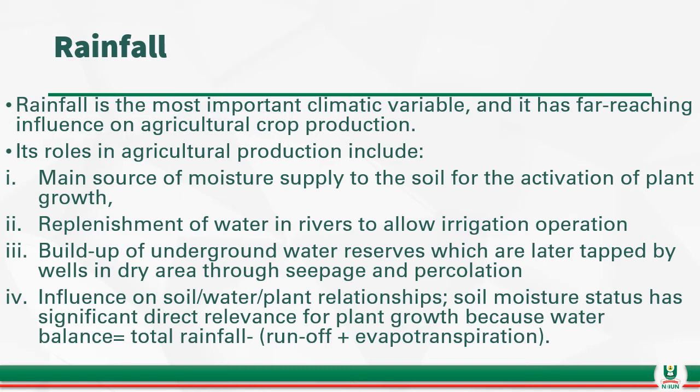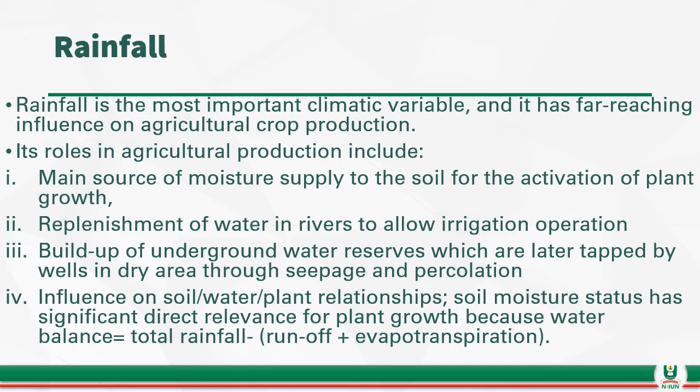So when you want to bore your boreholes and wells, you get underground water reserves through rainfall, as well as the influence on the soil-water-plant relationship. Yes, because soil moisture status has a significant and direct relationship to plant growth.